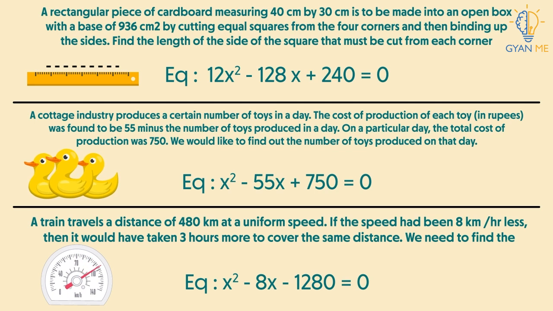Now the question is, can we represent these situations mathematically and find solutions for each of them? The answer is yes, we can. We can convert these word problems to equations. But we'll do that in our next video.